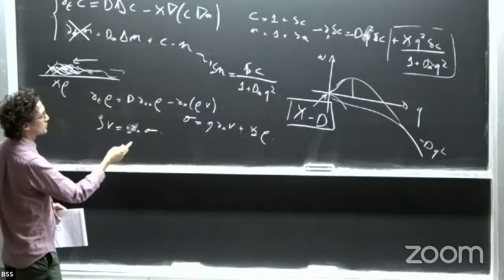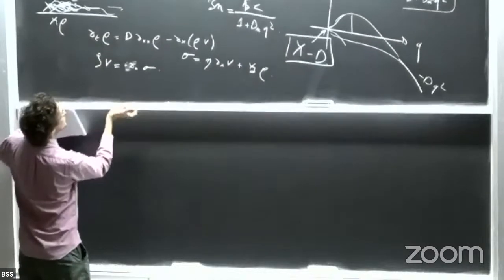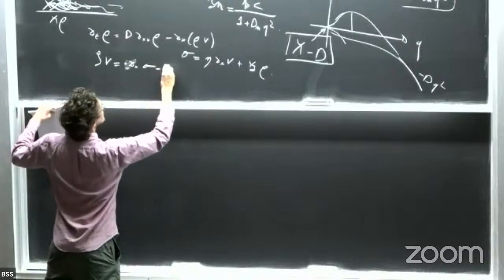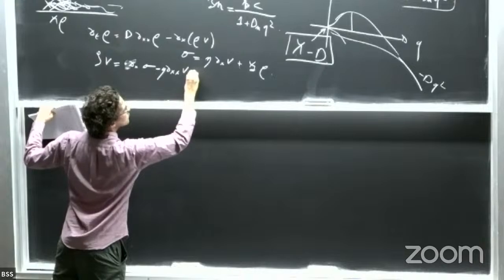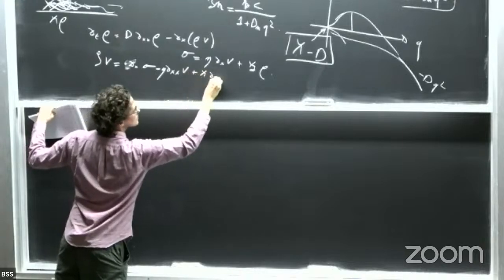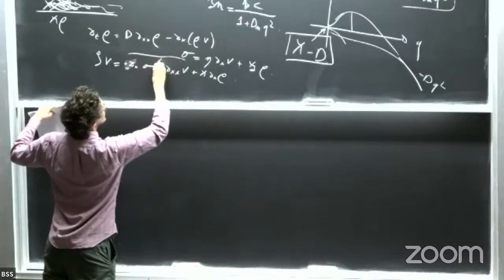If I plug this in here, the first thing I can do is recognize that this is eta dxx v plus zeta dx of rho. This is just injecting this into this.